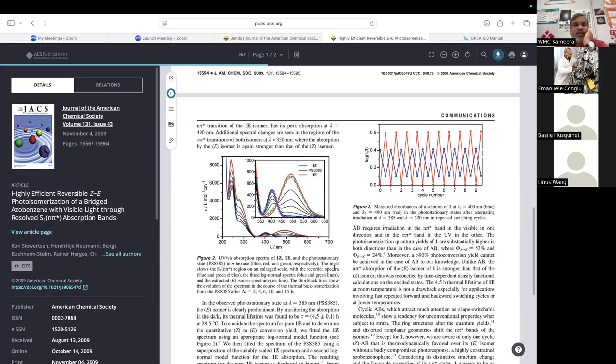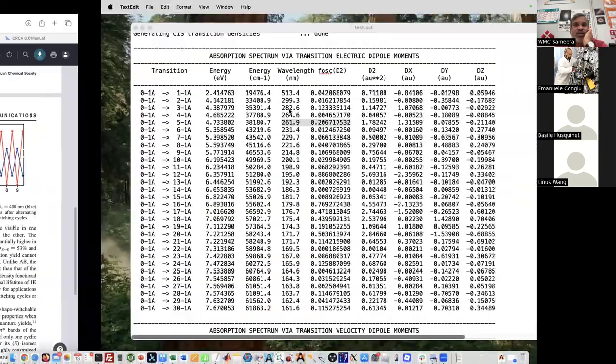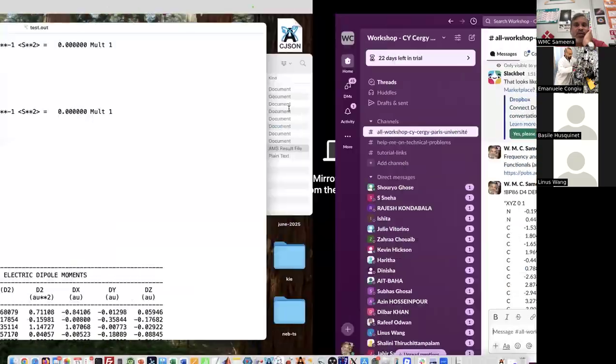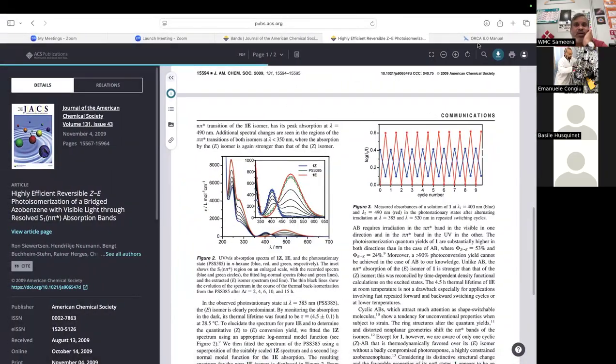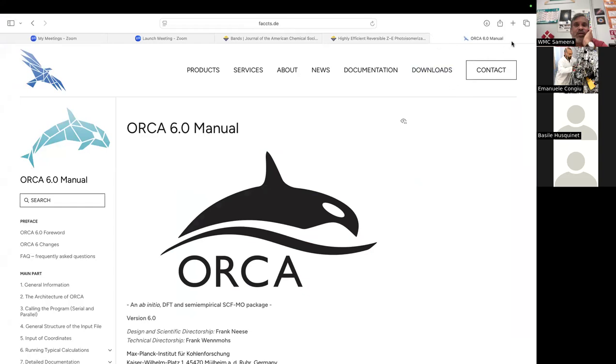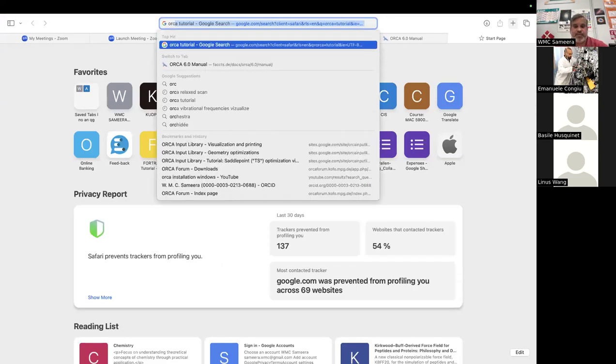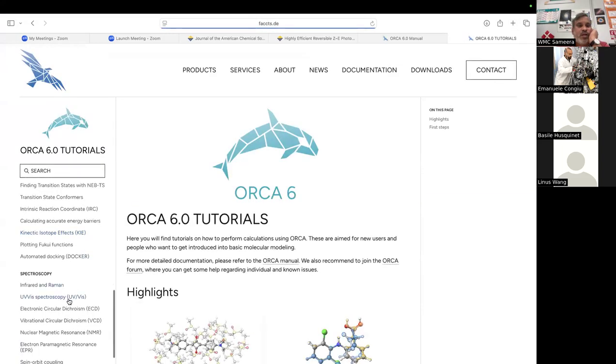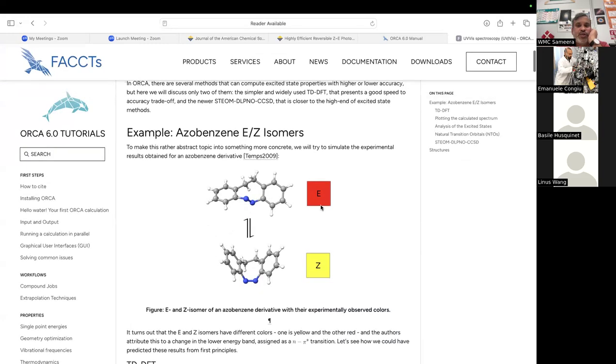So it looks like in the UV spectrum, we are interested here in the E form of the structure.